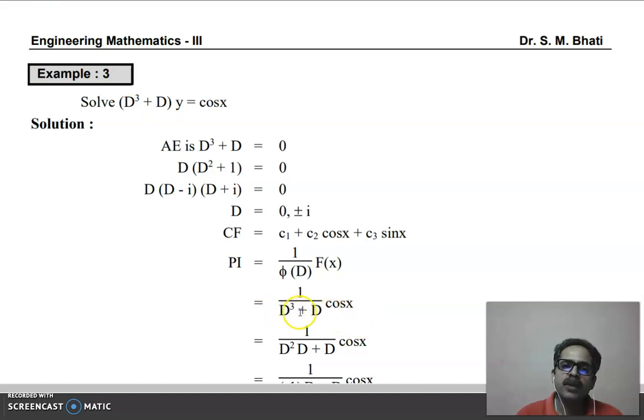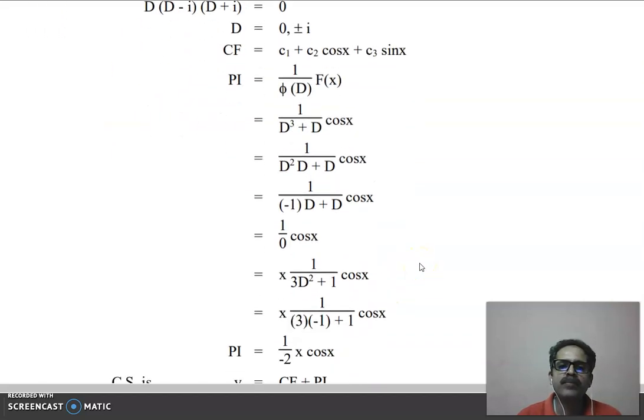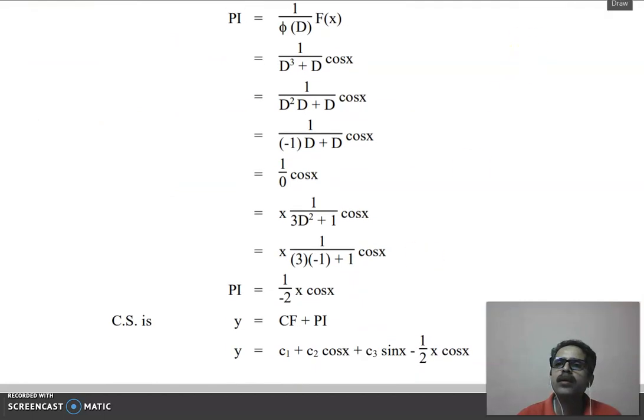But here D square is not available, but we can bring D square. If we write D cube as D square into D, D square will be available. Now replace this D square by minus 1.